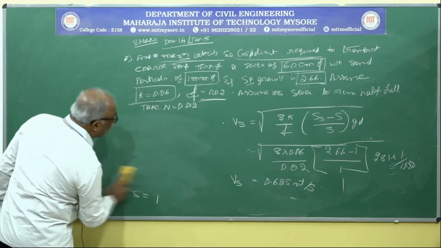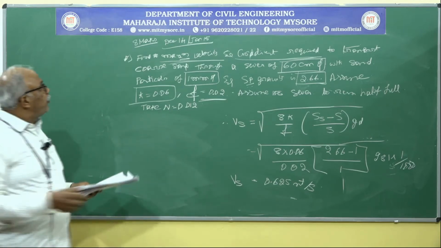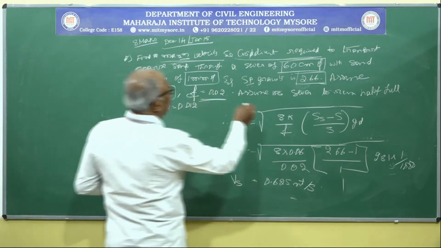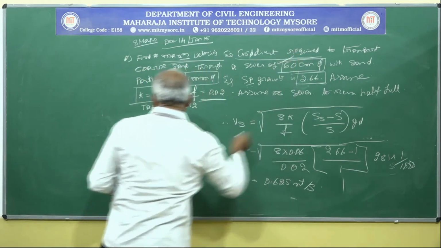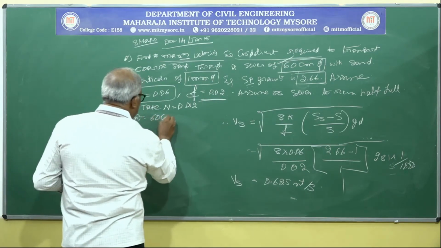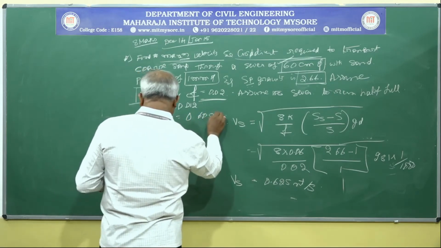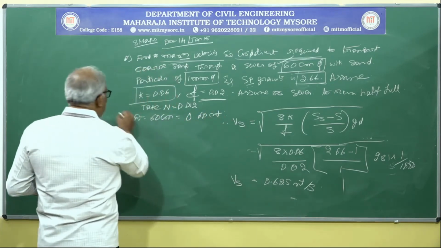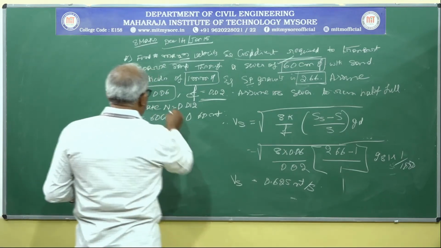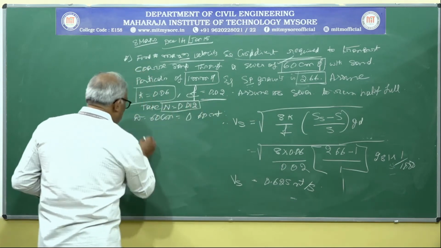And after calculating the velocity, next the dia is also given in the problem, that is capital D equals 60 centimeters. You convert it into meters, that is 0.6 meter. And the n value is also given, n equals 0.012.